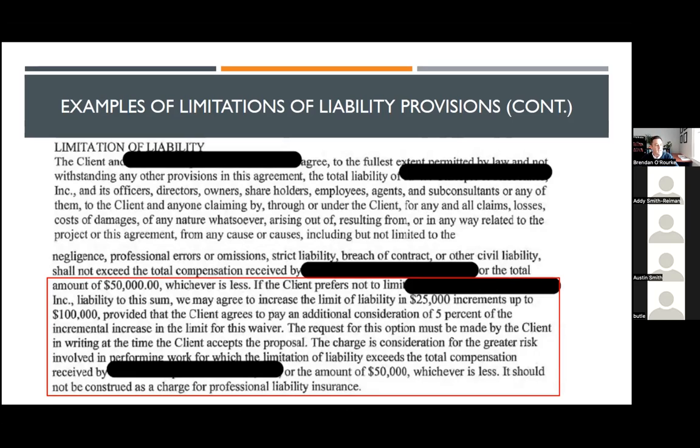Essentially, I like this because, more often than not, if we have a limitation of liability provision and there's a claim, the owner's counsel is essentially saying it's unenforceable. It was a take it or leave it. They had no option. It shouldn't matter.